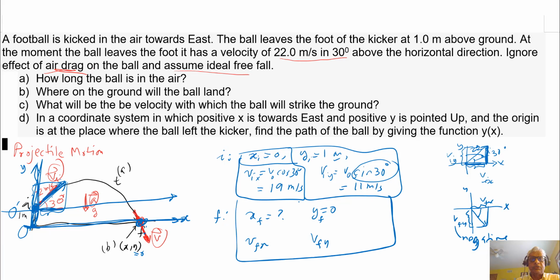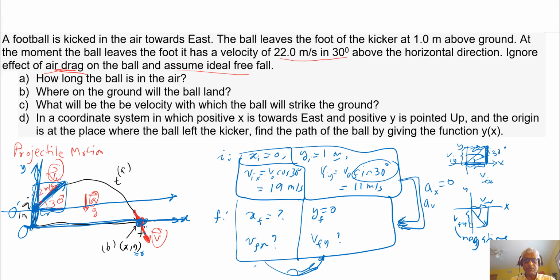Okay, so you probably have done this kind of problems before. Let's go through the steps. If you look at just the x part, you have acceleration x is 0 and time is t, so in this column you have unknown here, unknown here, unknown here.